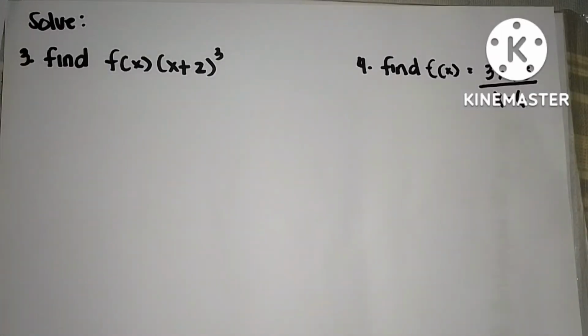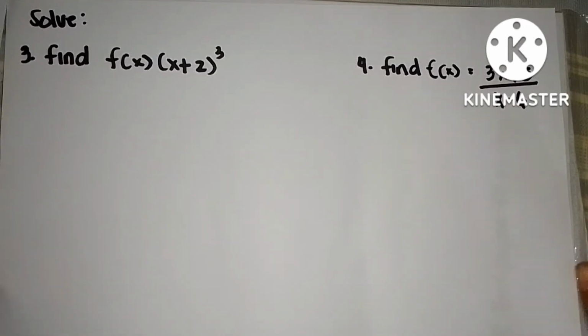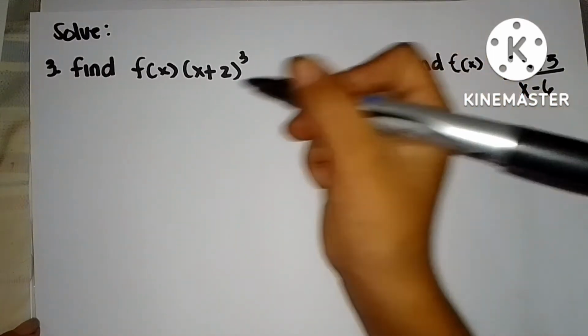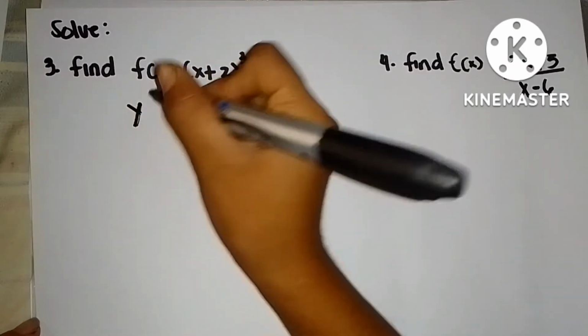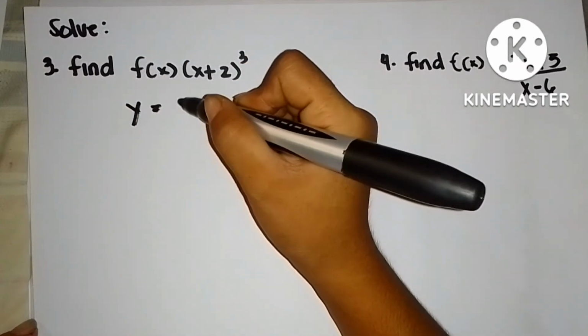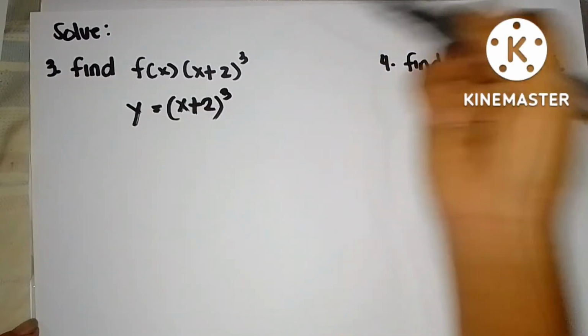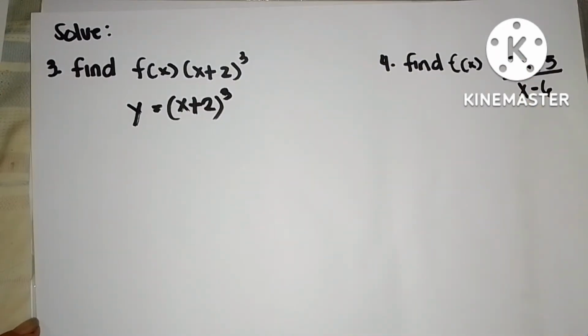So let's try to solve another example. Number 3, find the inverse of the function f(x) = (x plus 2) cubed. And then to find it, we need to replace f(x) with y. So this will become y equals (x plus 2) cubed. And then swap the y and x.